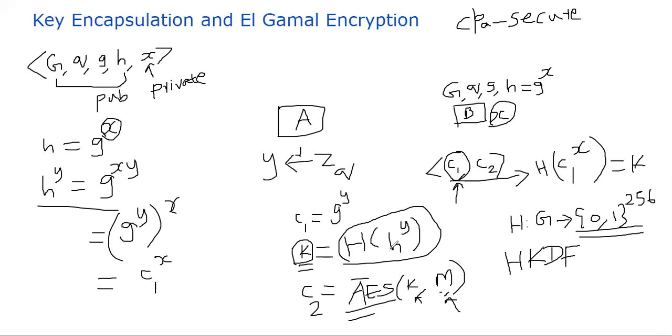Okay, so this is basically how to derive a key that can be used for encryption using AES and still use the ElGamal idea of encryption using the discrete logarithm problem. By the way, the actual security depends on the DDH hardness problem, which we talked about earlier. If DDH is assumed to be hard, then this scheme is CPA secure.